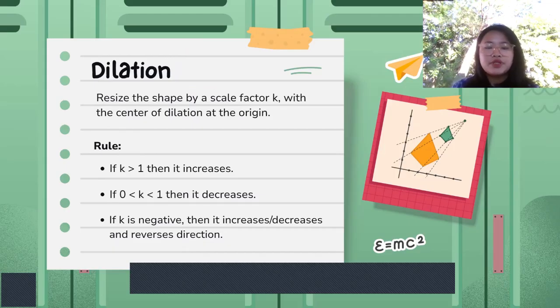If k is between 0 and 1, the figure becomes smaller. If k is negative, the figure changes size and is also reflected through the center. Unlike the previous transformations, dilatation changes the size of the figure while maintaining its shape.